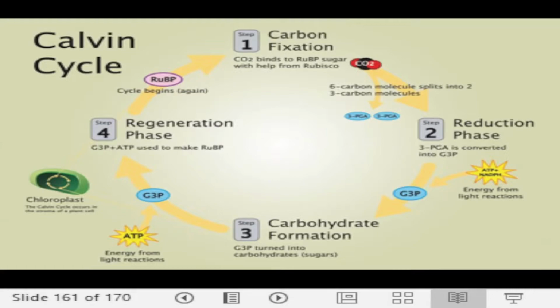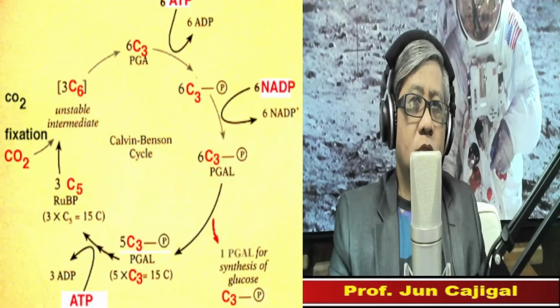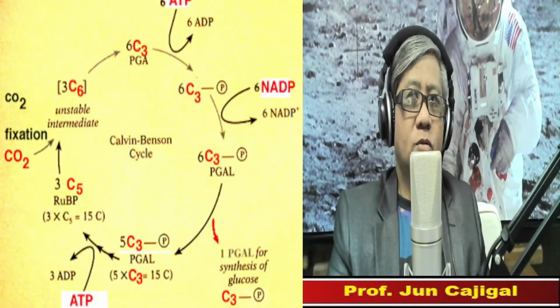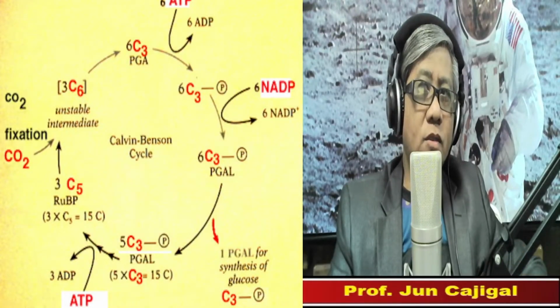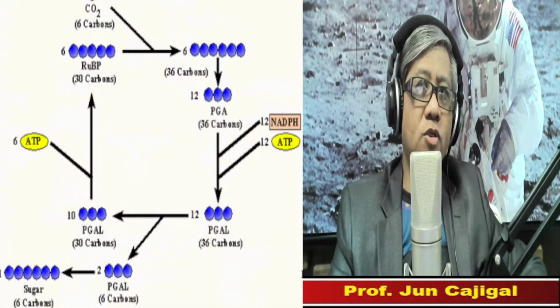So RUBP is a 5-carbon compound plus carbon from carbon dioxide. You form a 6-carbon molecule that is unstable and will split into 2 molecules of PGA. So that is step number 1, which is also known as carbon fixation.